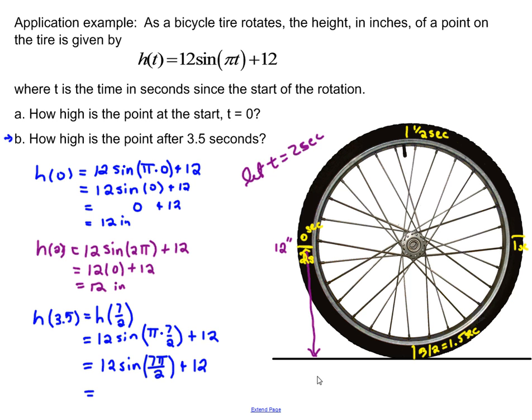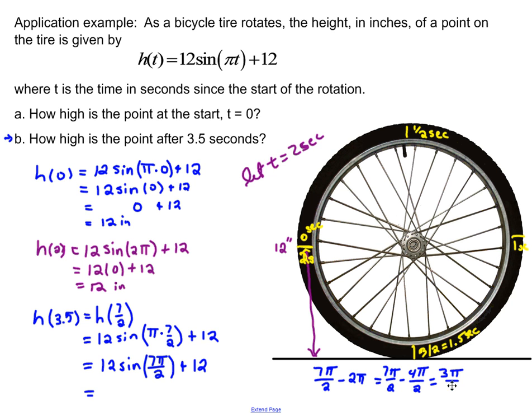7 pi/2. Well, let's get that coterminal positive angle between 0 and 2 pi to find out. If we subtract 2 pi away, that's 7 pi/2 minus 4 pi/2. That's 3 pi/2.